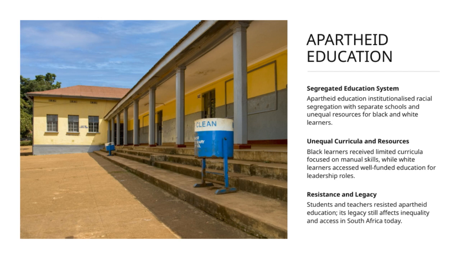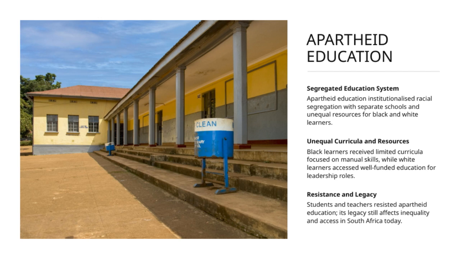Students and teachers fought against this unjust system, standing up for equality and fair access to education. Unfortunately, the legacy of this apartheid-era education still lingers today, affecting issues of inequality and access in South Africa. This history reminds us how deeply education systems can influence societal structures, and why ongoing efforts for equitable access are so vital.